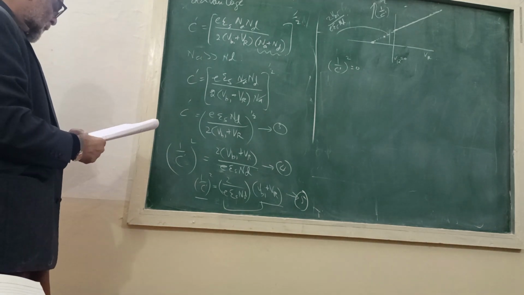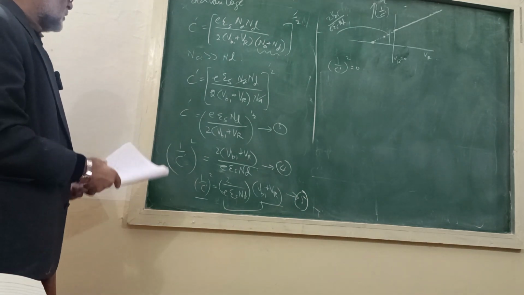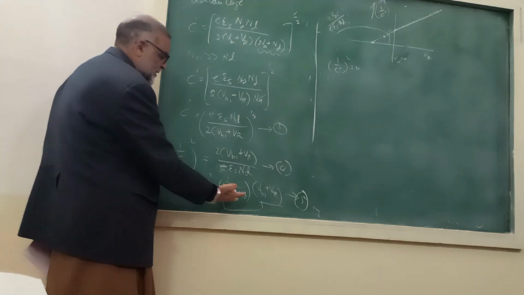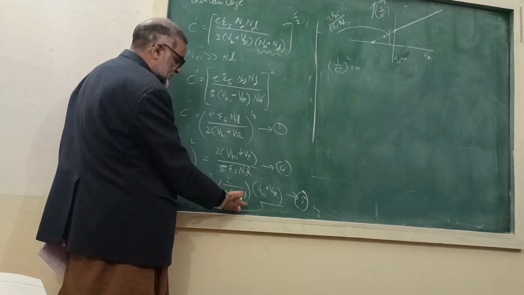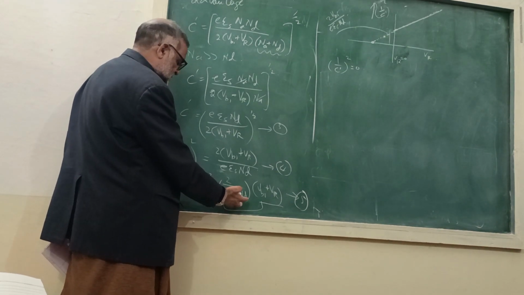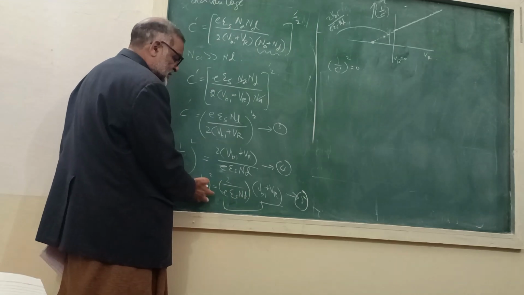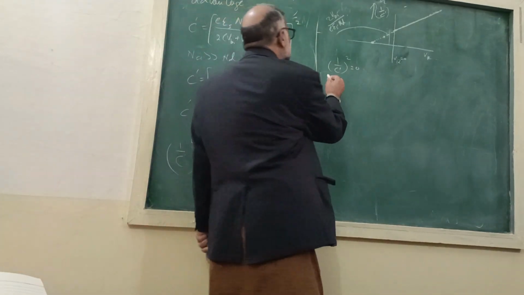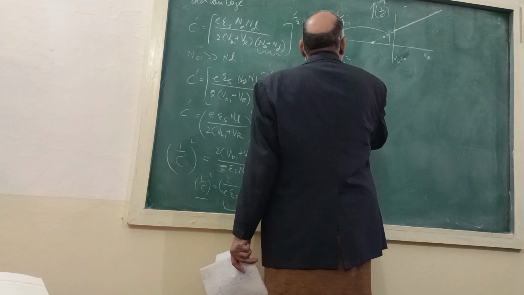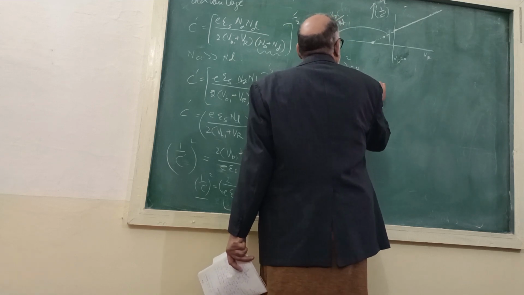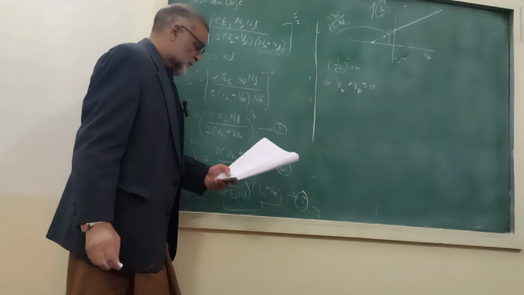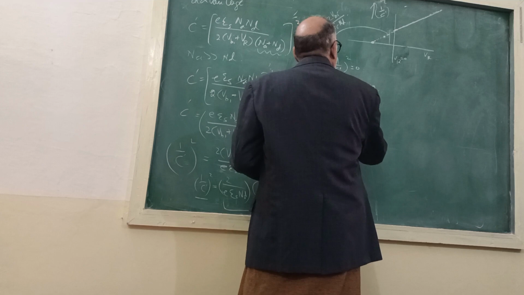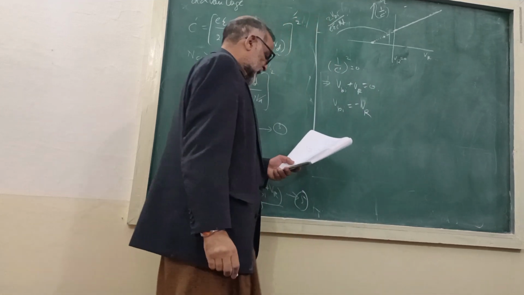And when this is equal to 0, look at this equation. This is not equal to 0 because these are constant values. This is equal to 0, so this means that VBI plus VR equal to 0, or VBI is equal to minus VR in this situation.